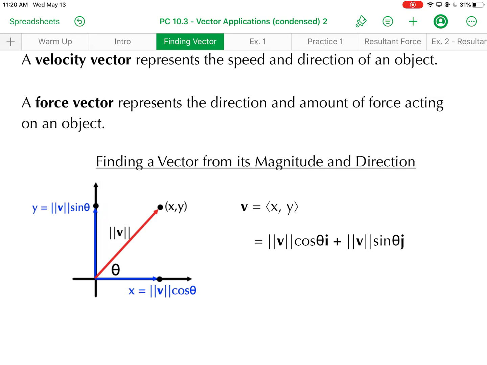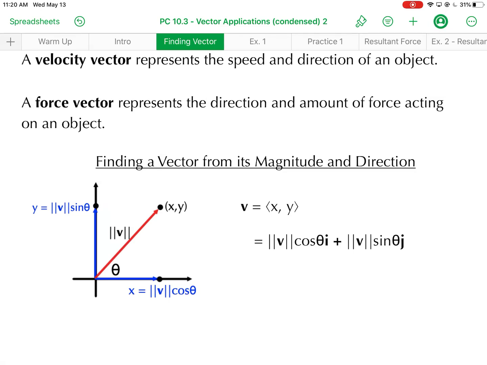So that means that the horizontal component of that vector, x, can be found by taking the magnitude of the vector itself and multiplying it by cosine of the angle theta that is between that vector and the positive x-axis. So your horizontal component is the magnitude of the vector multiplied by cosine of your angle theta, okay?